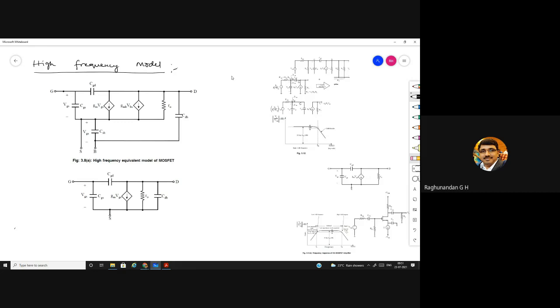If you can see here, this example is with respect to the common source configuration, where source is common to input as well as the output, and we are giving the input from the gate, and we are collecting the output from the drain. And here, in our earlier cases, we were just considering the drain current, and we were telling that the drain current is dependent upon the gate to source voltage, whatever we are giving at the input side.